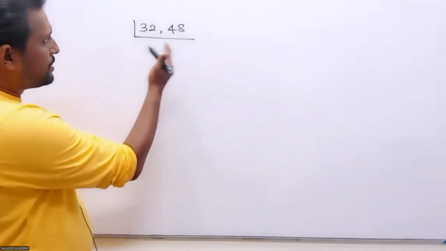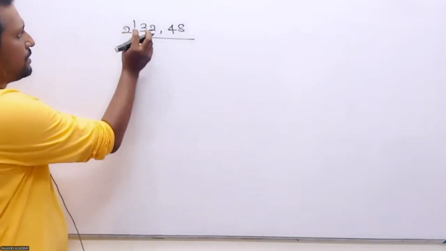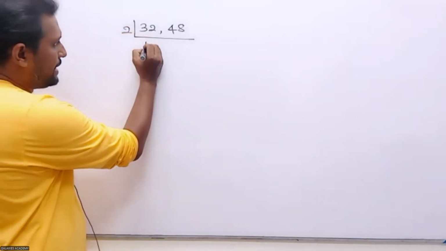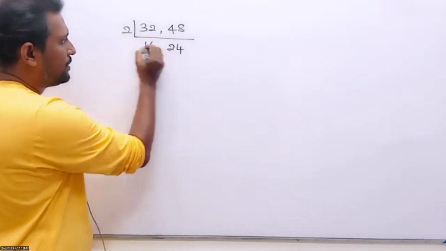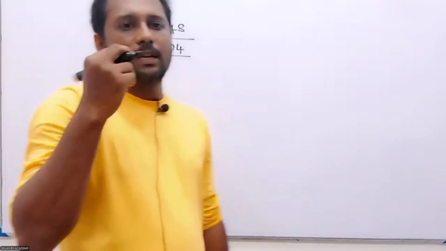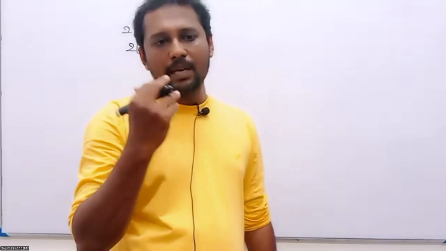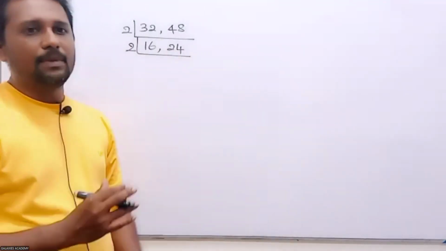When you observe these two numbers, you can divide by 2, no? 32 divide 2, 16. 48 divide 2, 24. Then again I can divide by 2. At least one number, if you can divide by 2, you try to divide by 2, right? Every time you try to divide by the smaller prime number.